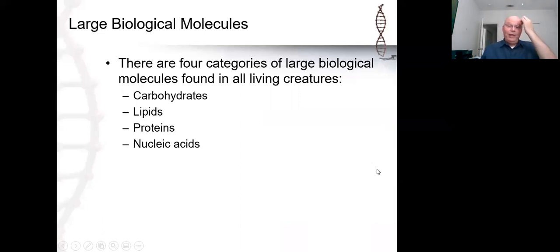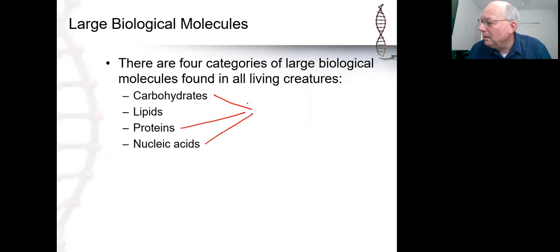So here are the four categories again of the large biological molecules, otherwise known as macromolecules. Remember again, carbohydrates, proteins, nucleic acids. These are all polymers. The lipids, of course, not polymers.